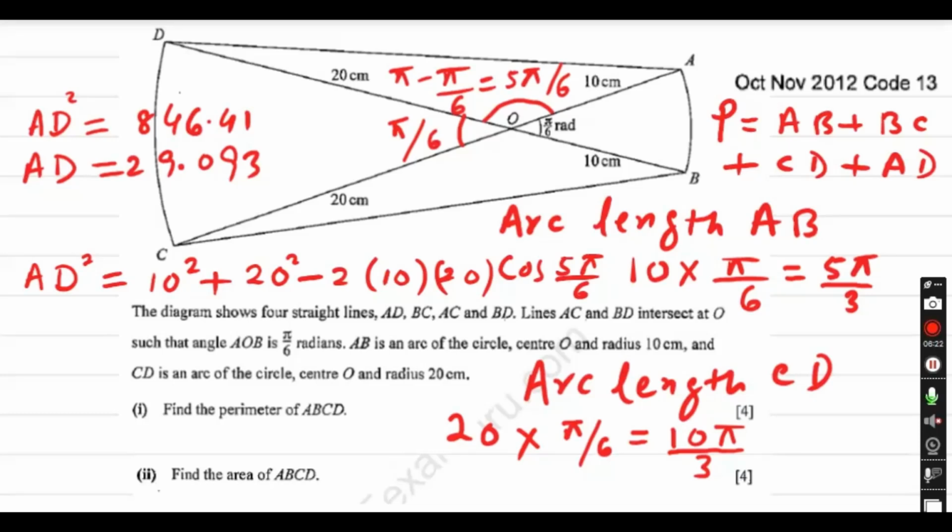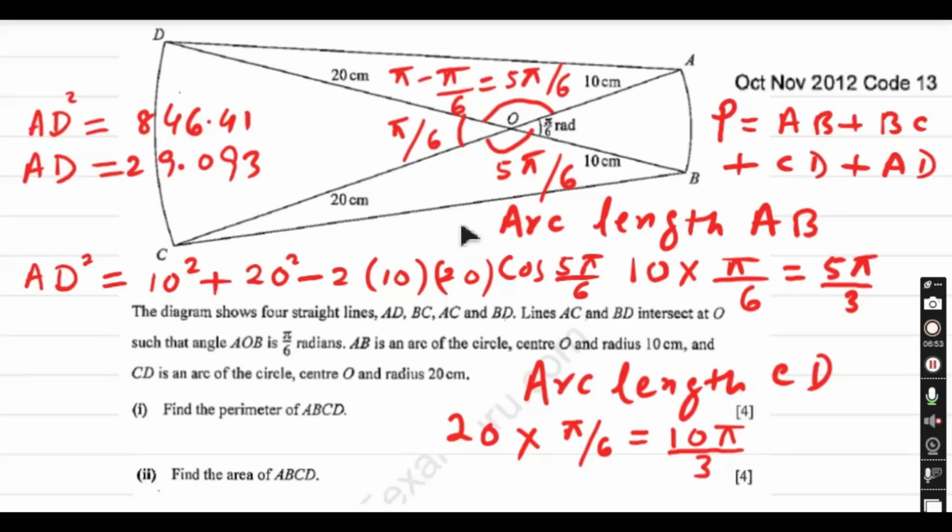They are both the same. Why? Because the angle AOD is 5 pi by 6, the angle BOC is also 5 pi by 6, and the sides are also the same, 10 and 20. So if you apply the cosine rule to find the side BC, you will get the same answer, that is 29.093.